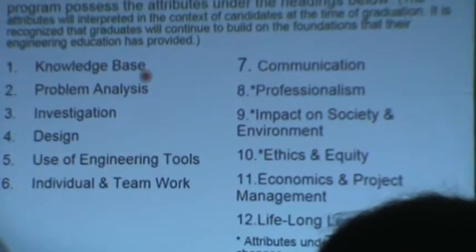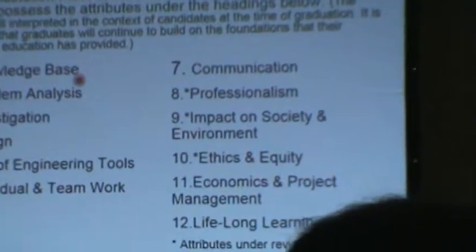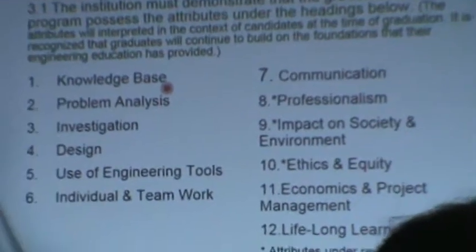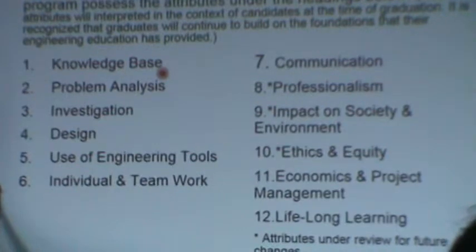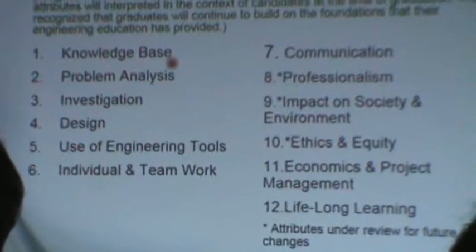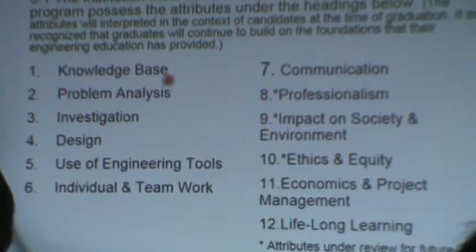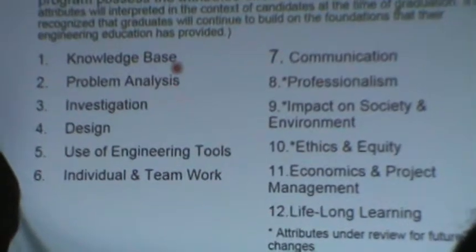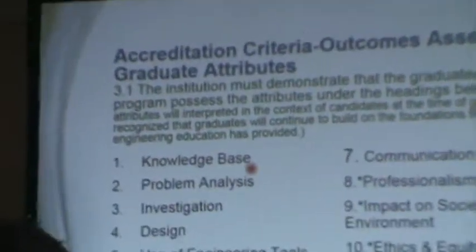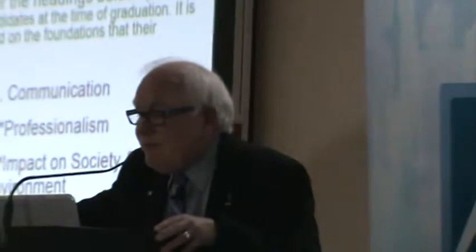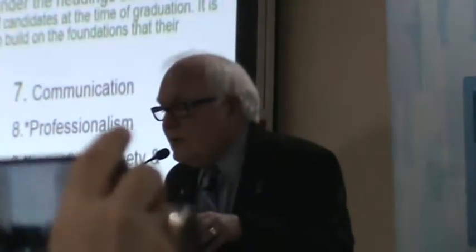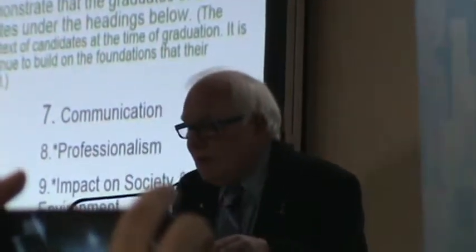That is, a basic knowledge in math, natural science, and engineering science, an ability to undertake problem analysis, to undertake investigation, an ability to design complex engineering problems, the use of engineering tools, to be able to work in isolation as a member of a team, to be able to communicate effectively, both orally and in written, to demonstrate professionalism, to have an understanding of the impact of their actions on society and the environment.